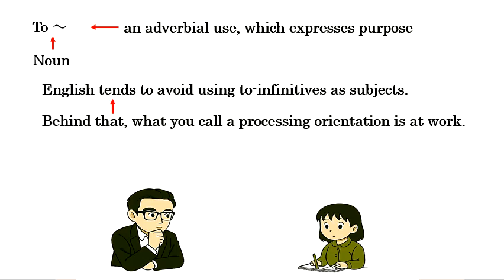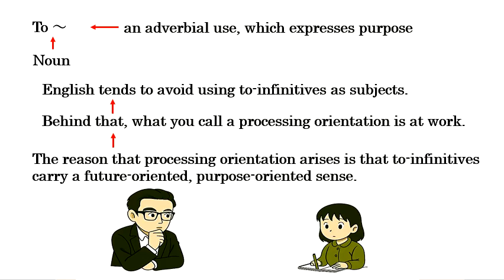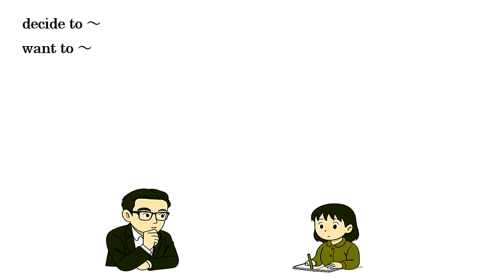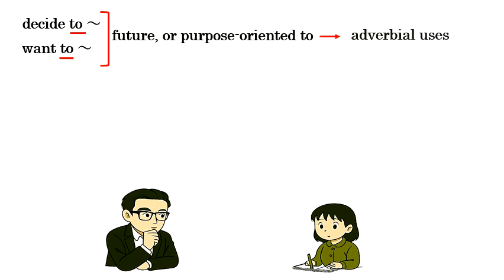That's right. And the reason that processing orientation arises is that to infinitives carry a future-oriented, purpose-oriented sense. Yes, exactly. Then why is it that decide to and want to, which also involve that future, or purpose-oriented to, aren't taken as adverbial uses, but instead as nominal ones?